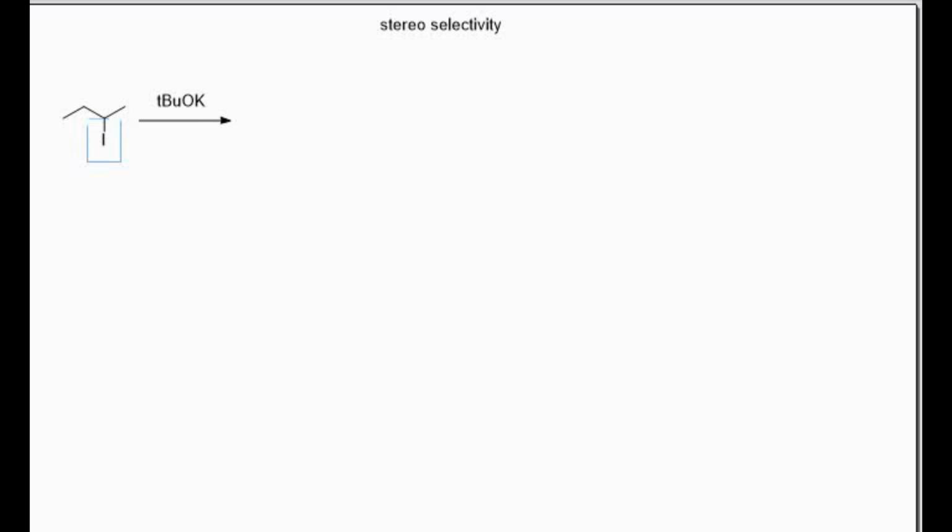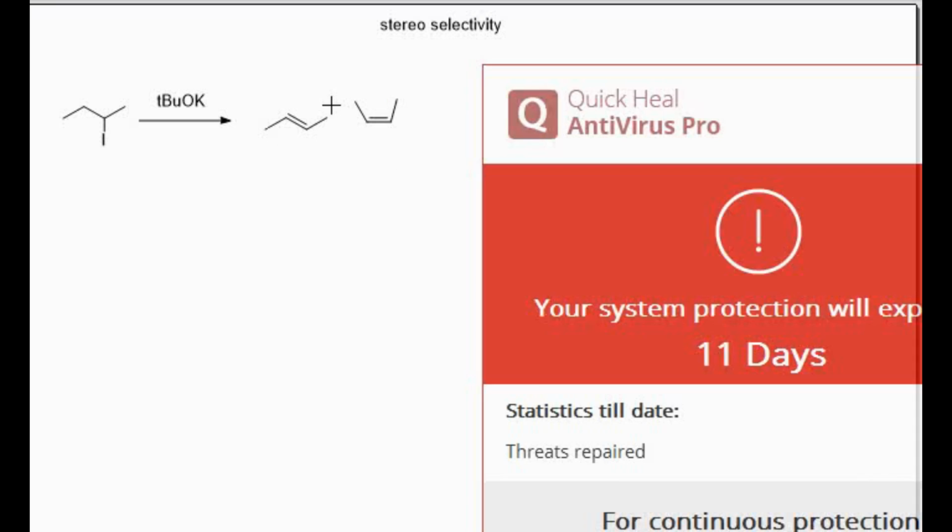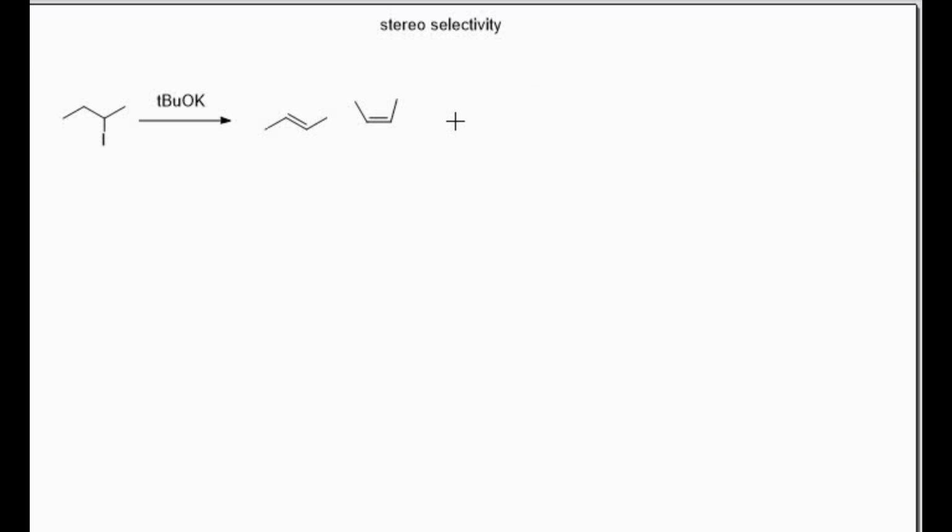So what are the alkenes that we can get? We can get trans-2-butene first of all, then we can get cis-2-butene, and we can also get 1-butene. Now we have done the experiment.